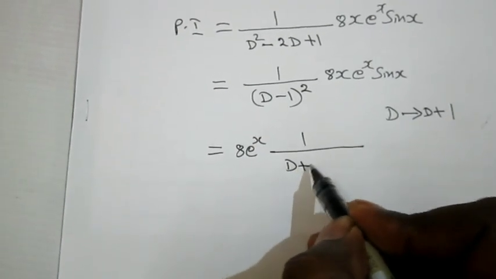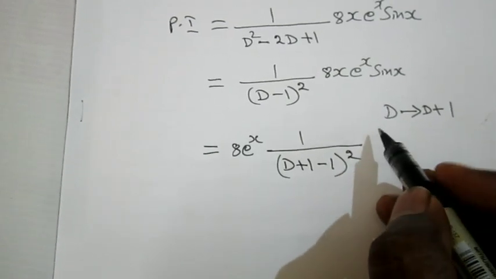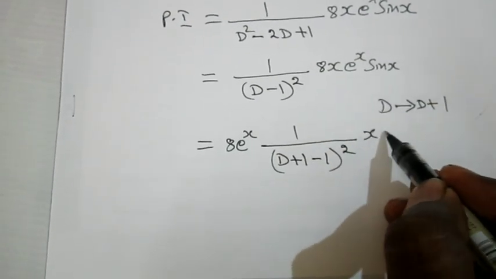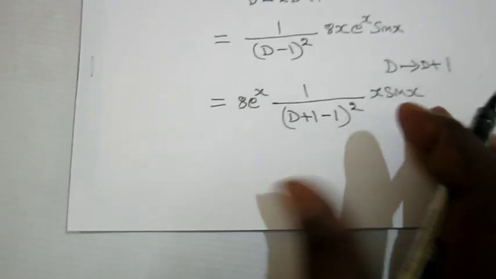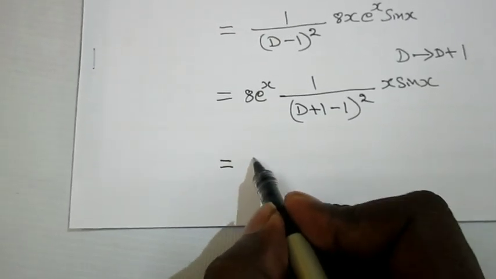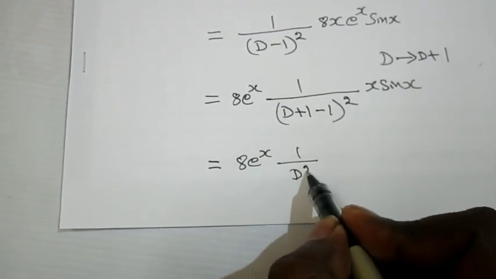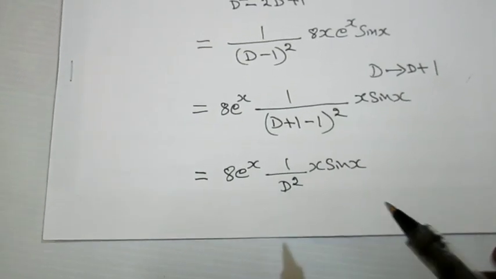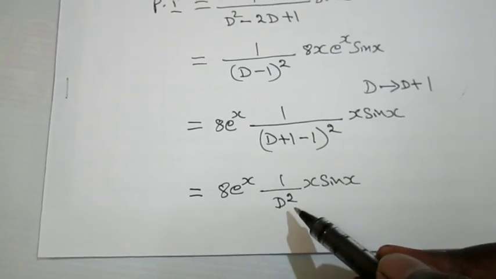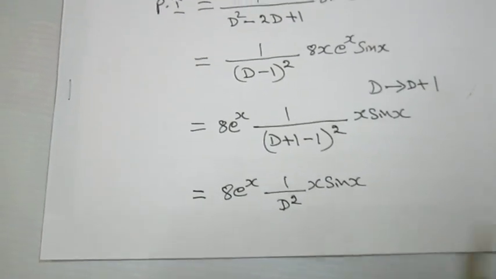So D plus 1 minus 1 the whole power 2, remaining term x into sin x. So plus 1 and minus 1 cancel, so that it is 8 e power of x into 1 by D square of x into sin x. So we want to integrate 2 times with respect to x for the function x into sin x.